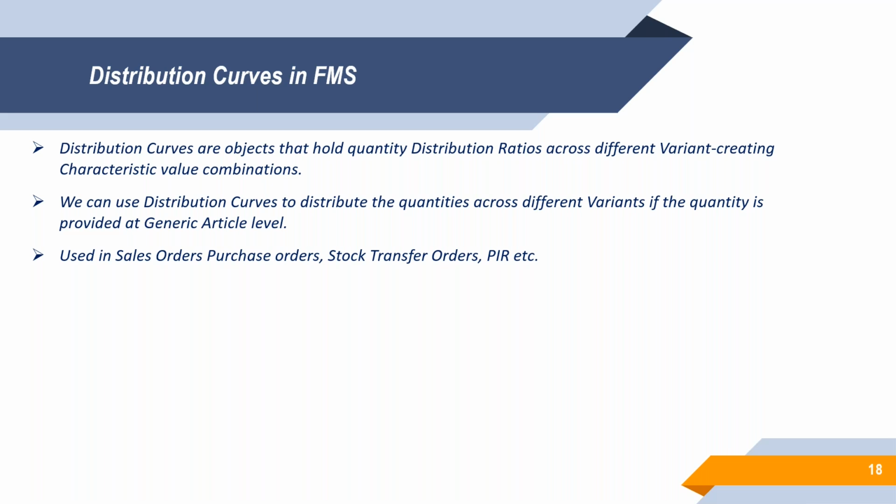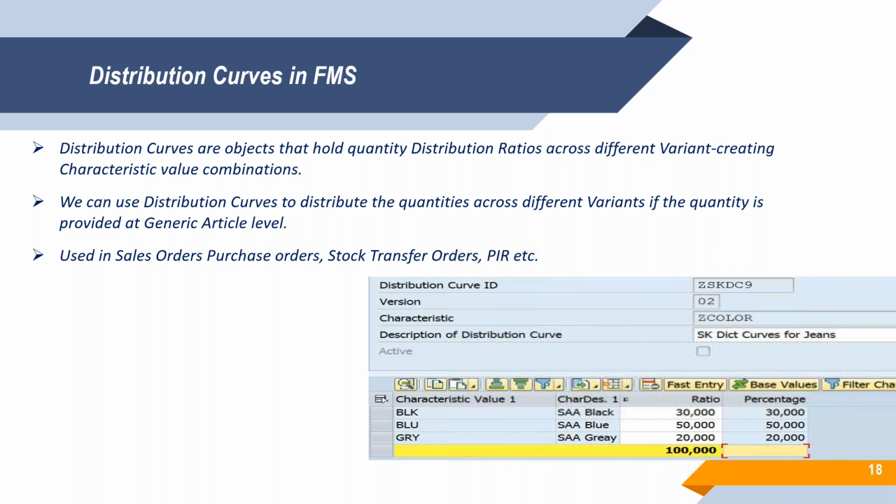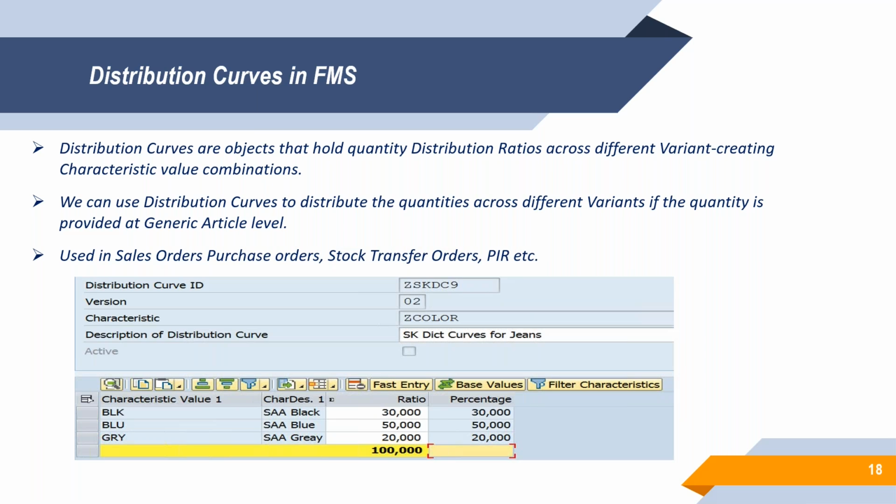Meaning that, for example, if a particular customer is placing an order for 100 pieces of a shirt, out of 100, how many pieces for small, how many for medium, or how many for large, the system will automatically divide that based on the percentages that we maintain already. So this functionality will be applied in sales orders, purchase orders, or stock transfer orders.